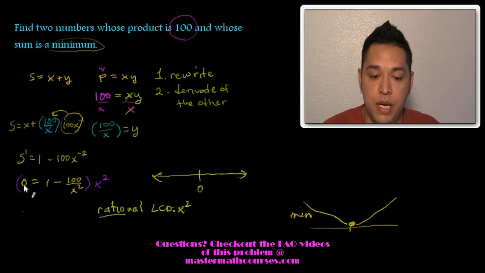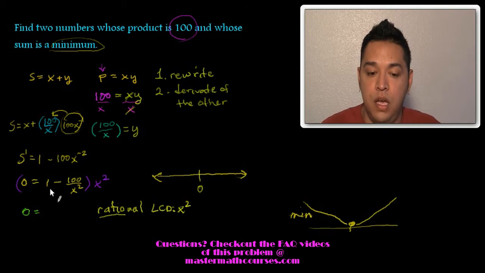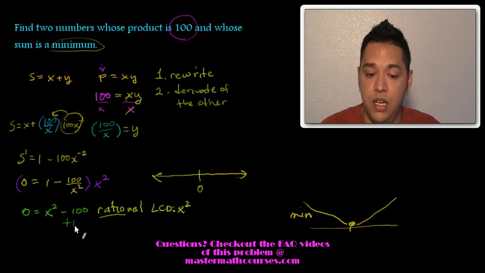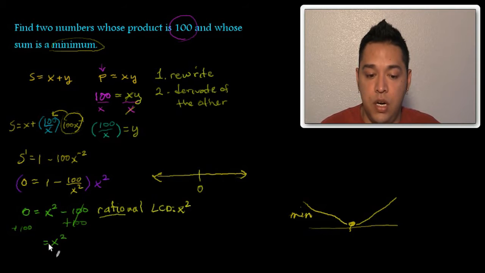Well, x squared times 0 is 0. X squared times 1 is x squared. X squared times negative 100 over x squared is just negative 100. And I could solve for that. This is a quadratic equation, so I can add 100 to both sides. These cancel, and I'm left with x squared is equal to 100.